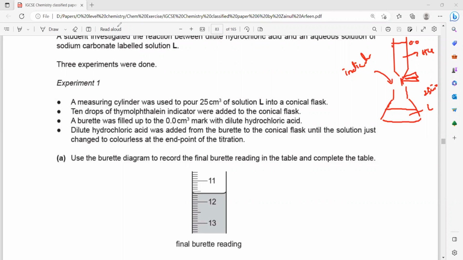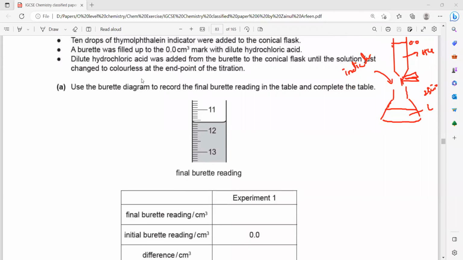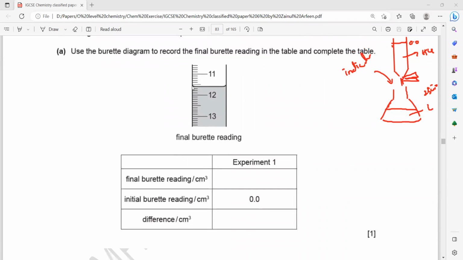The question is, use the burette reading, record the final burette reading in the table and complete the table. So what is the final burette reading? You can use the screen annotation to complete this. 11.6.